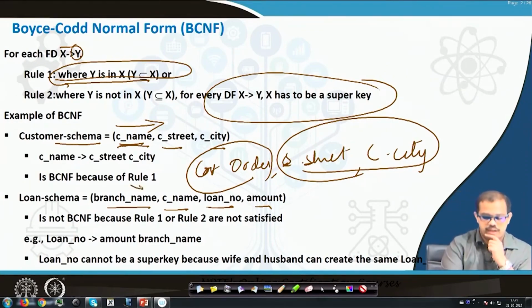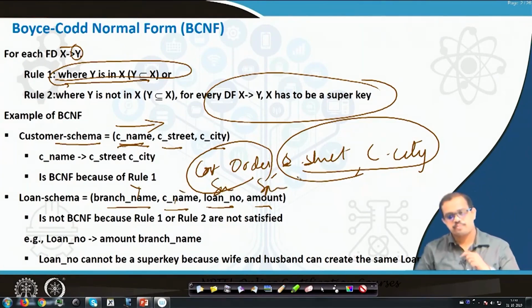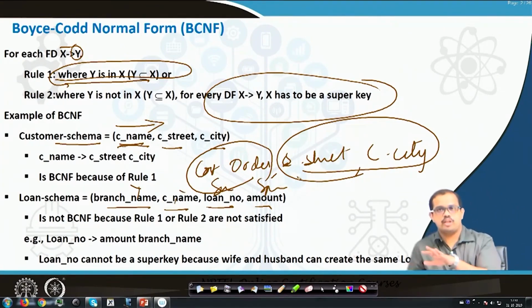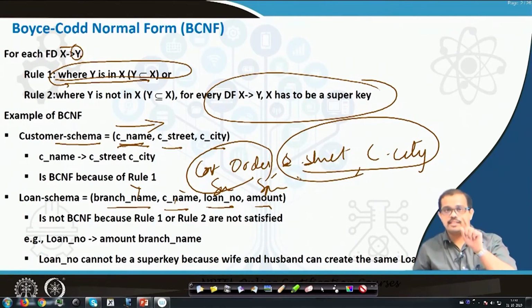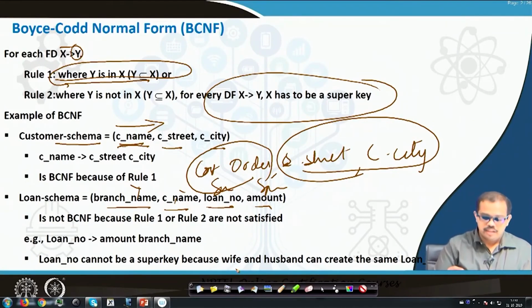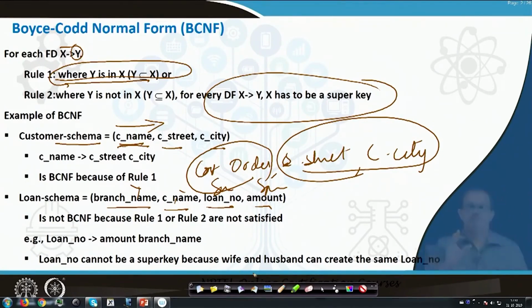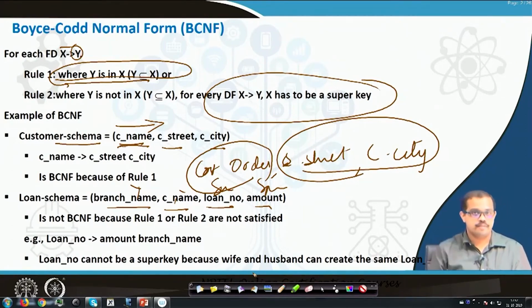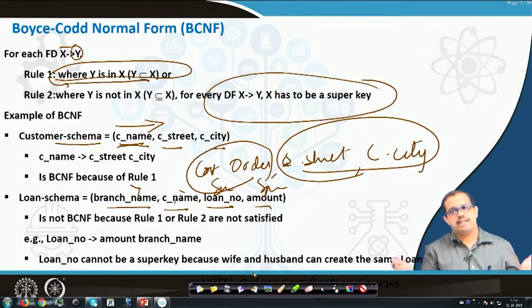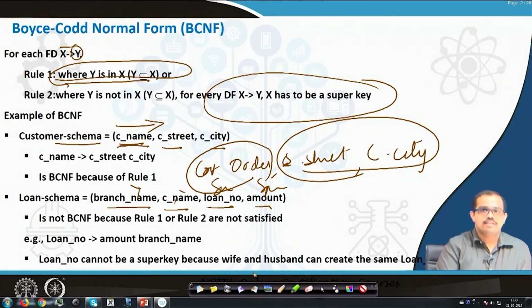You are trying to define y, x, a super key 1 and a super key 2. Super key 2 can be one example of where it can be used, but when you are looking at super key 1, which is the loan number, this particular loan number can be for both wife and husband. When the super key is for both wife and husband, it means that it is duplicating. So, if it is duplicating, your entire third normal form fails. So, this cannot be in the third normal form.